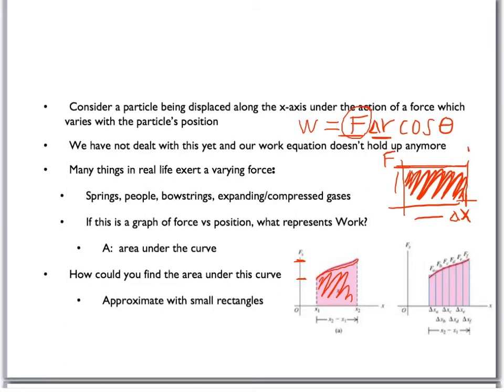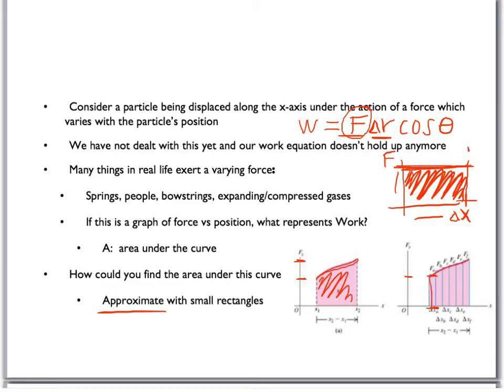If force is constant, it's just taking the length times the width, finding the area of a rectangle, which is really simple. But now we have something that is actually changing. We can still find the area of rectangles, but this would now be an approximation. So we could approximate the area underneath this graph with very small rectangles, assuming that we had small amounts of constant force at this particular value for some little delta x that we're looking at.